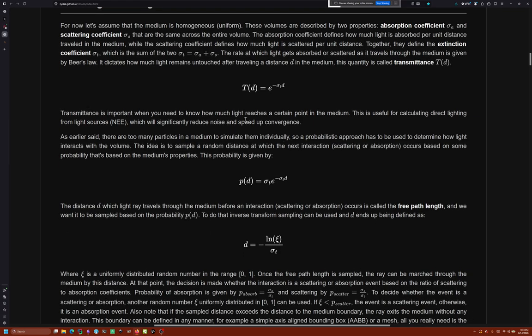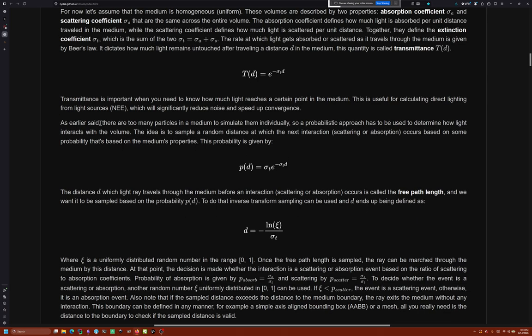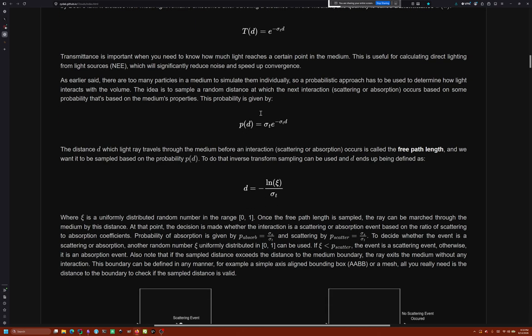It's important when you need to know how much light reaches a certain point in the medium. It's useful for calculating direct lighting from light sources using next event estimation. Direct lighting from the sun is kind of the idea there. And that significantly reduces noise and speeds up convergence.